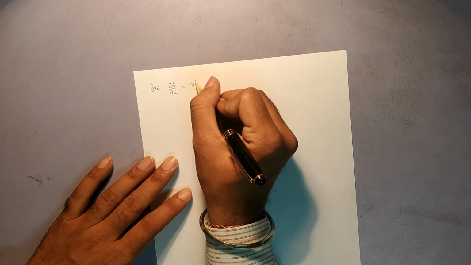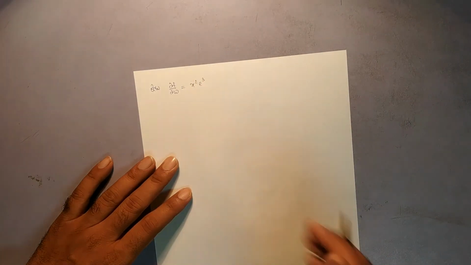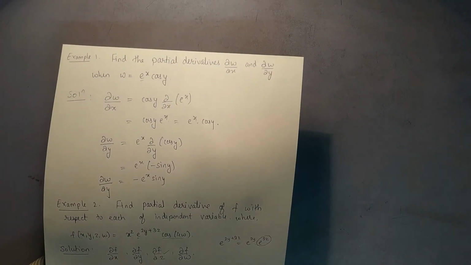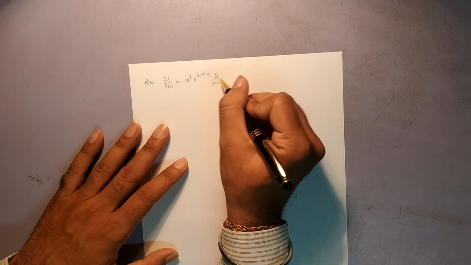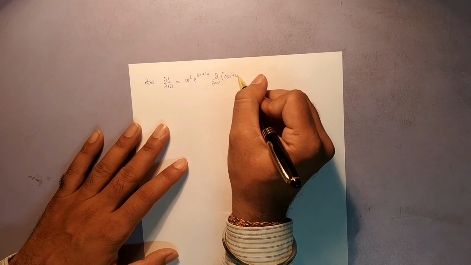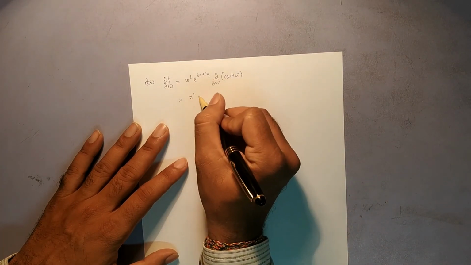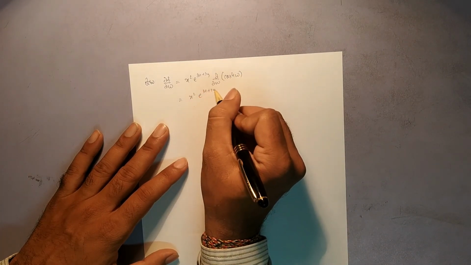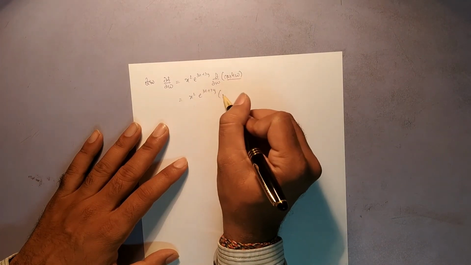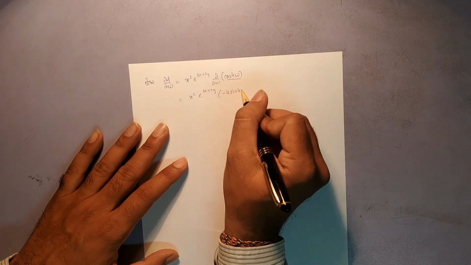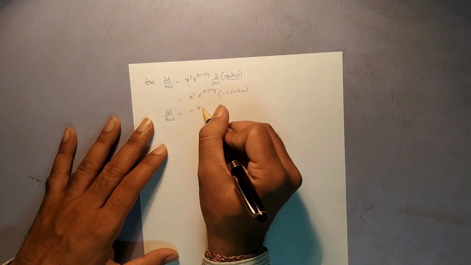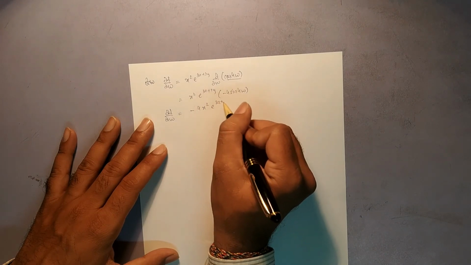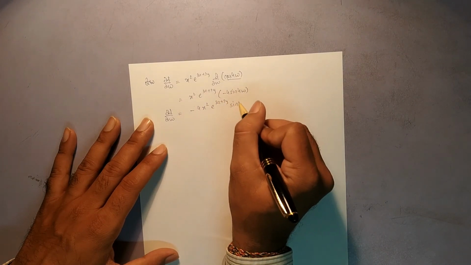So x square e raised to 2y plus 3z into ∂/∂w of cos 4w. So this is equal to x square e raised to 3z plus 2y. The derivative of cos 4w is minus 4 sin 4w. So ∂f/∂w is equal to minus 4 x square e raised to 3z plus 2y into sin of 4w.